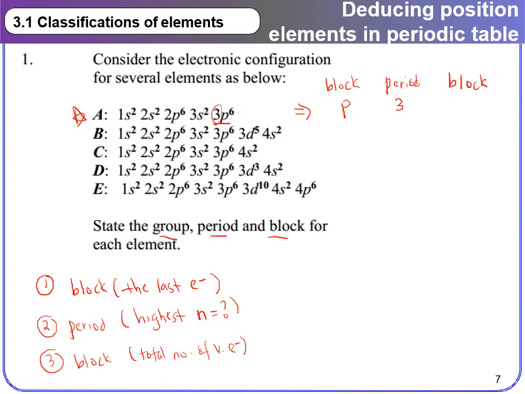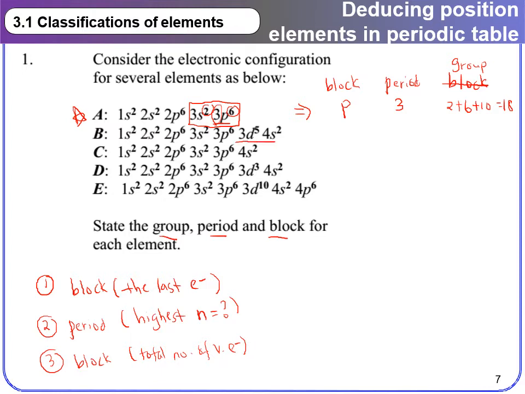The outermost shell is n equal to 3, so we total up all the electrons in n equal to 3, which is 2 plus 6. Because it is a p block element, we need to add another 10. Sorry, this is not the block, but the group. So it is group 18.